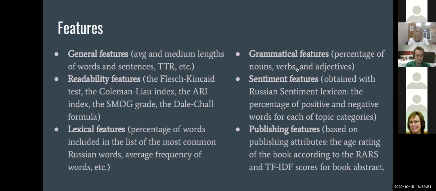The next type is grammatical features, the fraction of different parts of speech. The sentiment features obtained with the Russian sentiment lexicon. And finally, publishing features. These are age rating scores and the text of book abstracts.